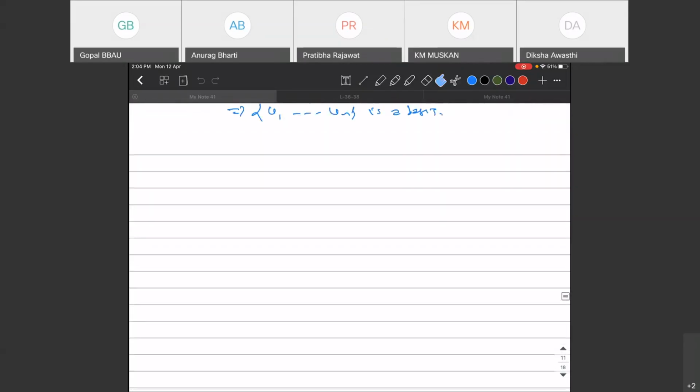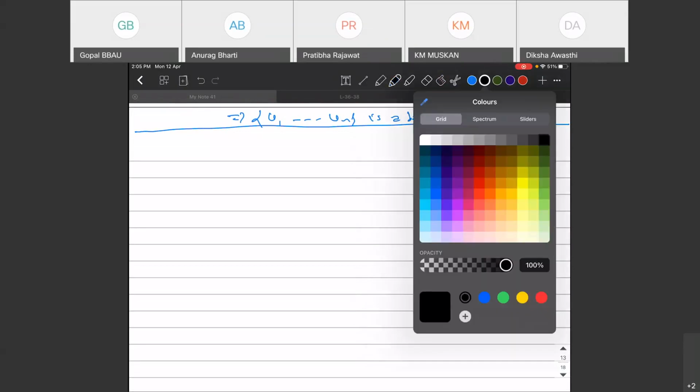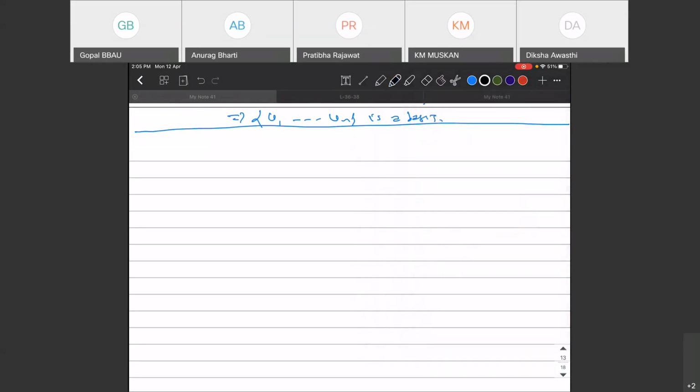Next thing is, say if we have two bases of a vector space, then what can you say about the cardinality of these bases? Okay. So you all know basis is a subset of a vector space. So now we take two bases and then we are interested in the cardinality of the basis. Cardinality means number of elements.